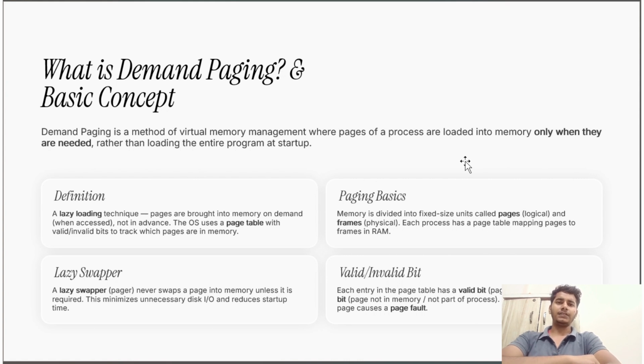Second, paging basics. Memory is divided into fixed size units called pages, logical and frames. Each process has a separate table mapping page to frame in RAM. And a lazy swapper never swaps a page into memory unless it is required. This minimizes unnecessary disk I/O, reduces startup time, and uses the valid and invalid bit.